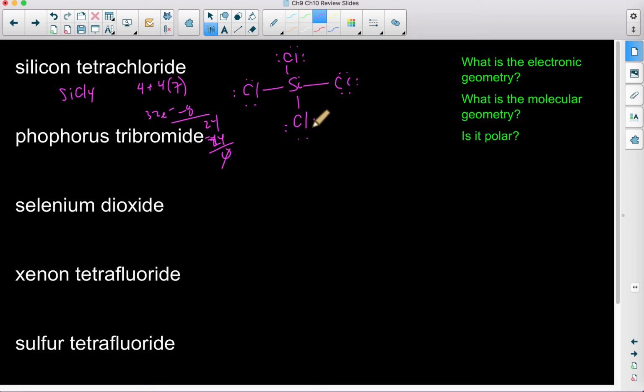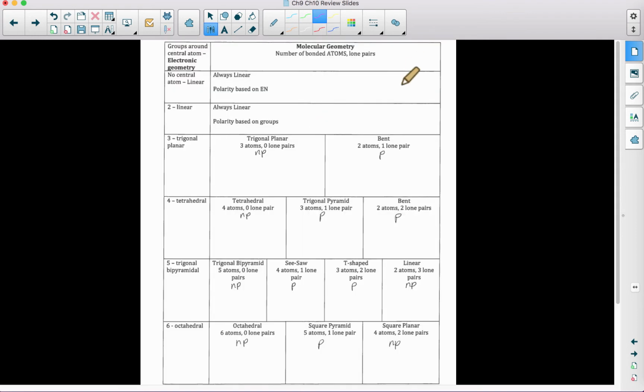Now, if we wanted to answer some follow-up questions, we would apply the VSEPR table, where, like we said in class, this is the number of groups around the central atom, where this is going to be bonded atoms and lone pairs. And note that it's around the central atom. And then we can deduce the electronic geometry and then subsequently the molecular geometry.